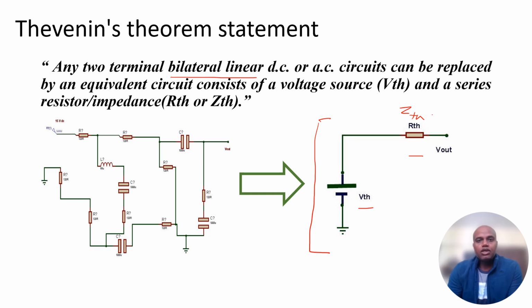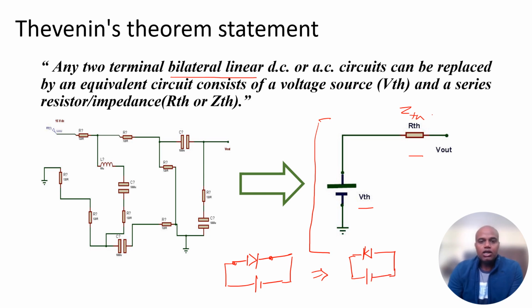Whereas unilateral components like semiconductor devices such as diode and thyristor change their characteristics if their terminal connections are changed in the circuit. For a simple example, if a diode is connected like this, the diode is in forward bias. If these two terminals are reversed, the diode is now connected like this, and it becomes reverse biased.